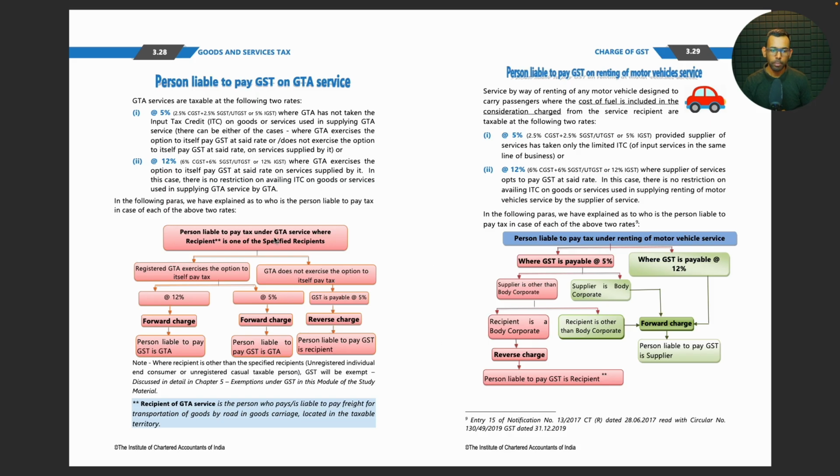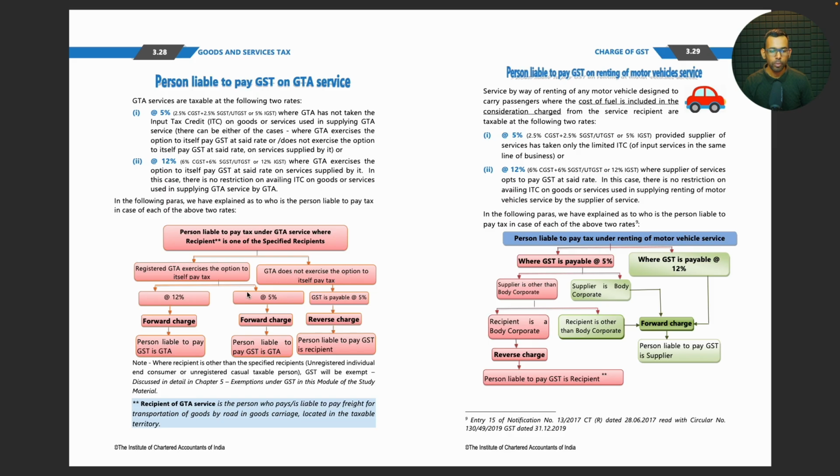So the person liable to pay tax under GTA service can be classified into two: one is the 5% rate and the other is the 12% rate. If you choose the 12% rate, then the transporter, the GTA themselves, will have to pay the tax because it will be charged as forward charge.